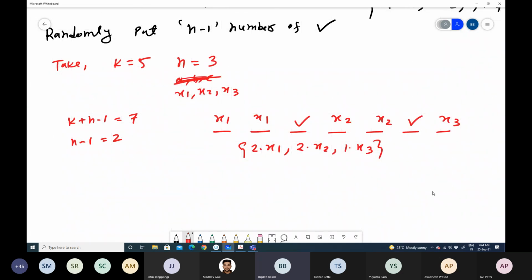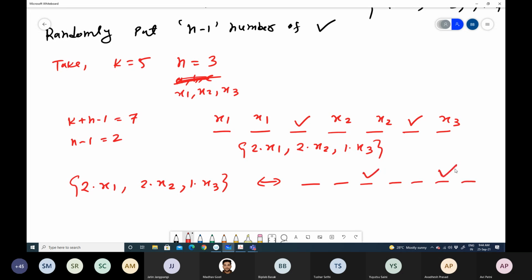And you can see that this set is the same as this one. So this is just a different kind of notation of this set.